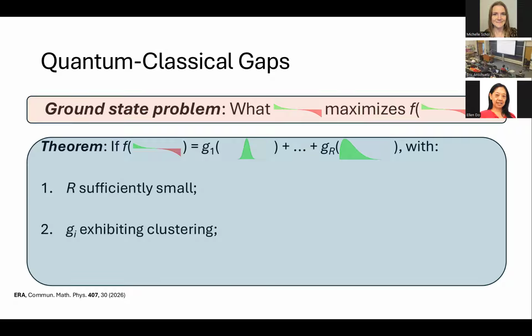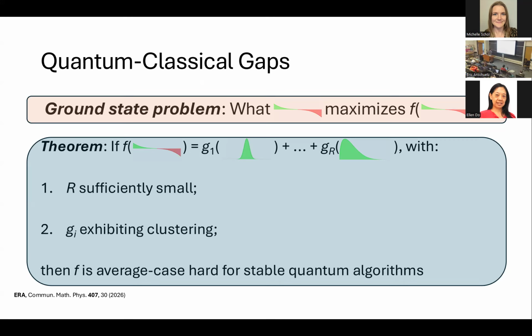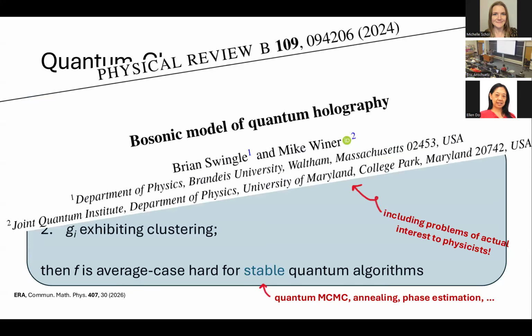And also each of these individual functions exhibits the clustering property I mentioned earlier. Then it turns out you can show that this more general kind of ground state problem is also average-case hard for, once again, stable quantum algorithms, where this includes things like quantum generalizations of MCMC and annealing, and also phase estimation.